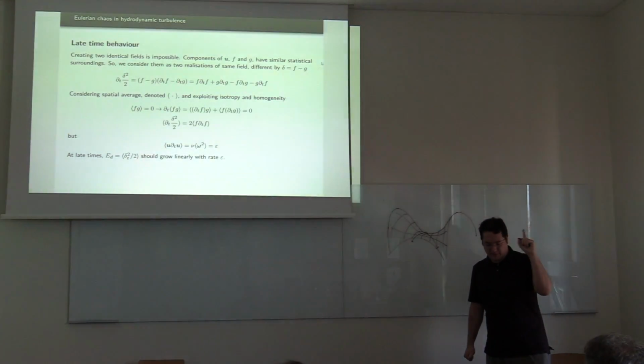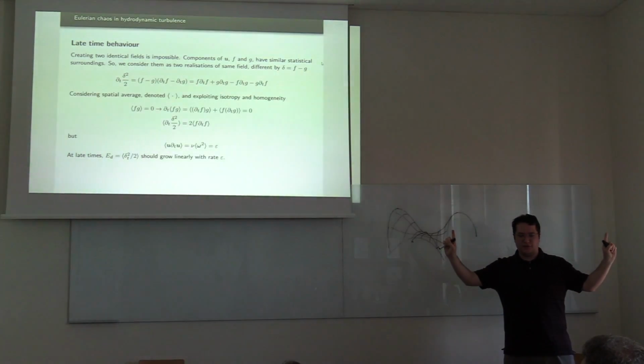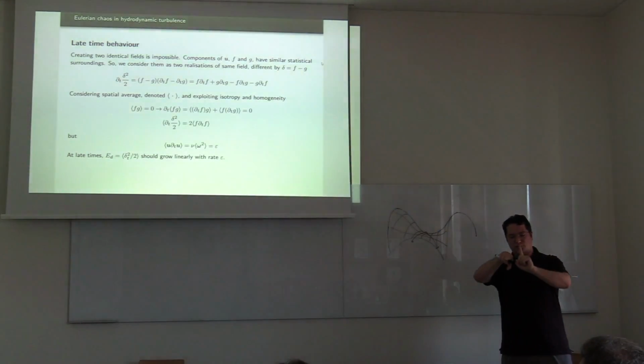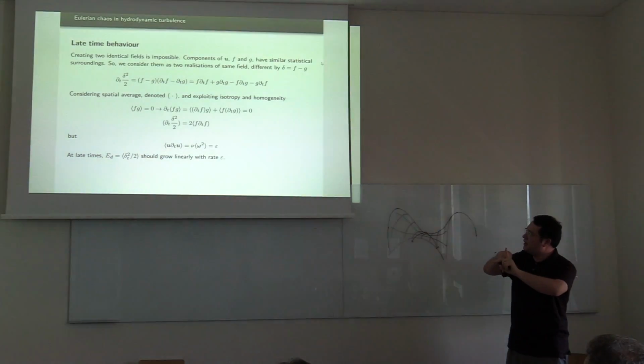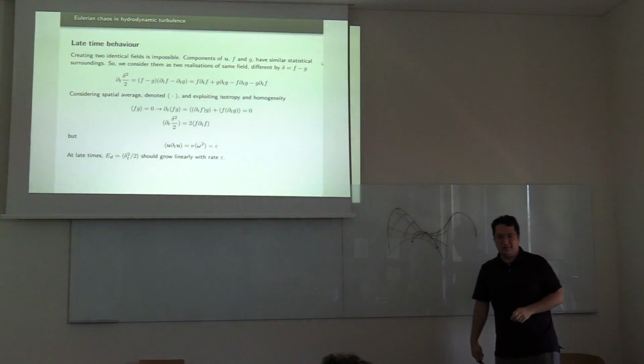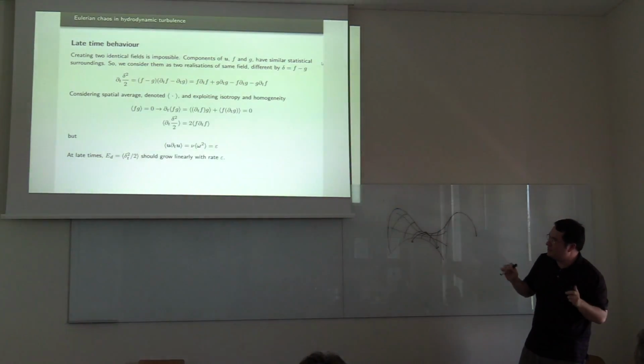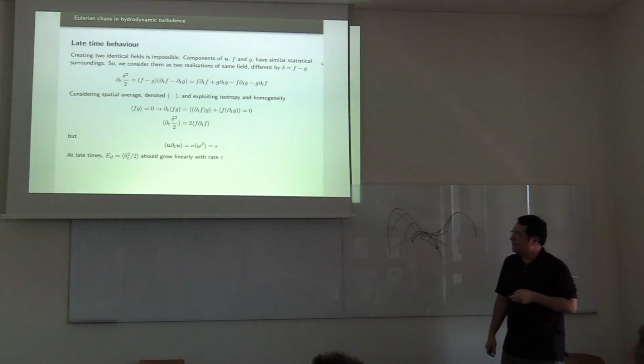Now, we exploit isotropy. Isotropy implies that we don't actually need to have 2 points which are sufficiently far apart. We just need 2 components of the same point in space, which are orthogonal. They will be completely independent, but they will have the same statistical field around them.